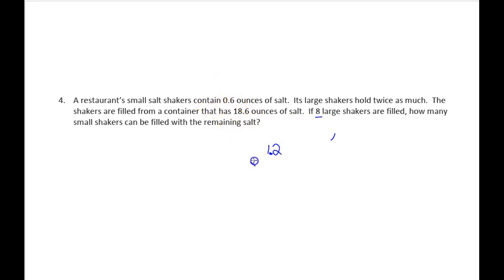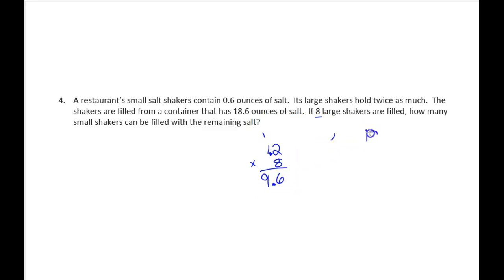And now we're saying times 8 to figure out how much salt the large containers will use, and then we'll find what's left for the smalls. I know 8 times 2 is 16. 8 times 1 is 8 plus 1 is 9. We had one place value in the decimal in the problem, so we have 1 in the decimal in the answer. Now we have to find the difference.